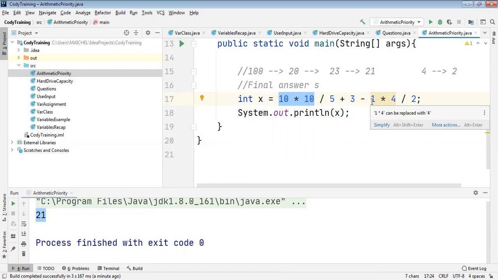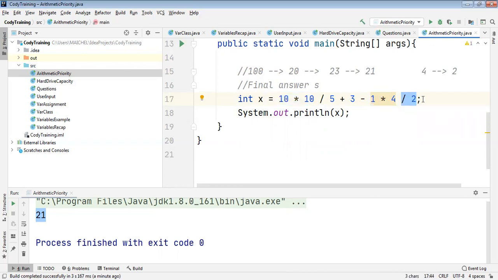22 multiplied by 4 is 88. 88 divided by 2. Here is the last one.